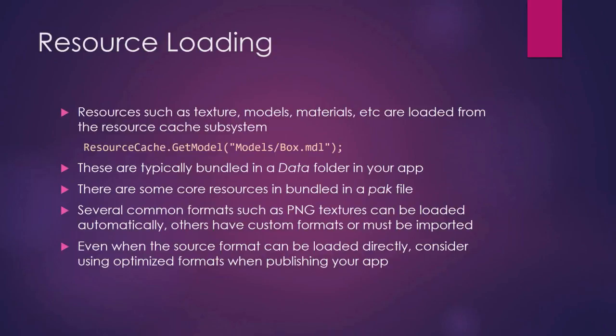So in this case, resourcecache.get model is going to load the box.mdl file in the data models directory. And it's not required to organize them like that, but it is a convention that you put your models in a model directory, your textures in a texture directory, and so on.